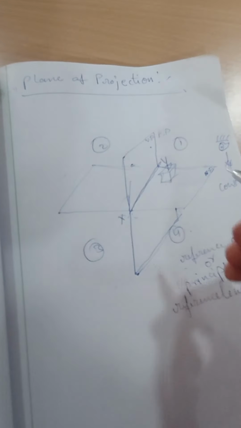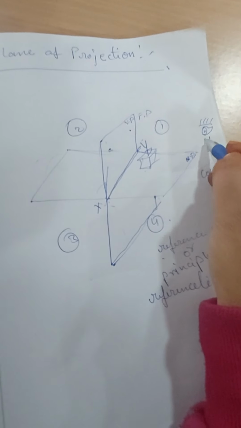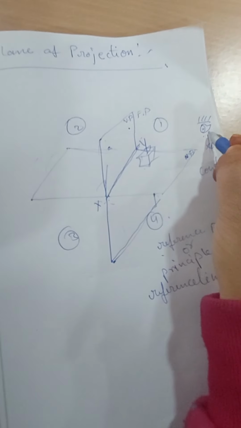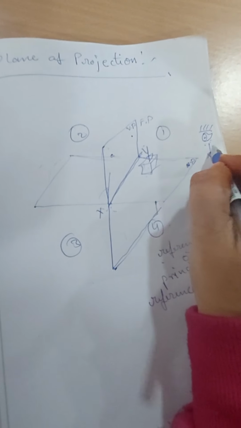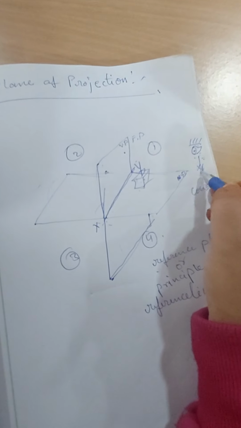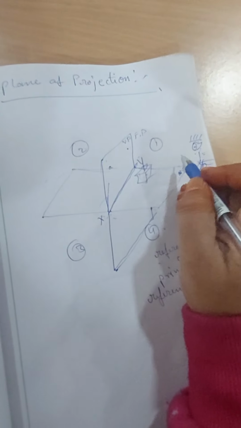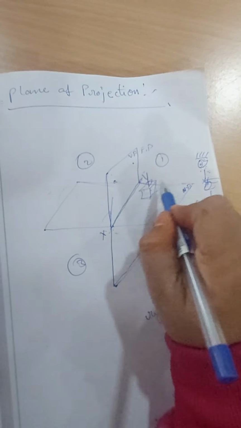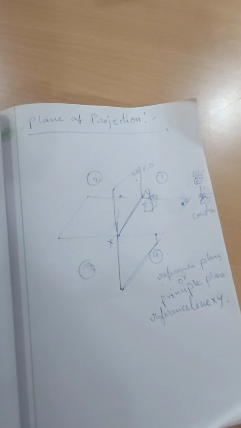While observing from the point of sight, if this is the position of the observer observing the object from this point, the position will be constant and the direction of observing should be perpendicular to the object.